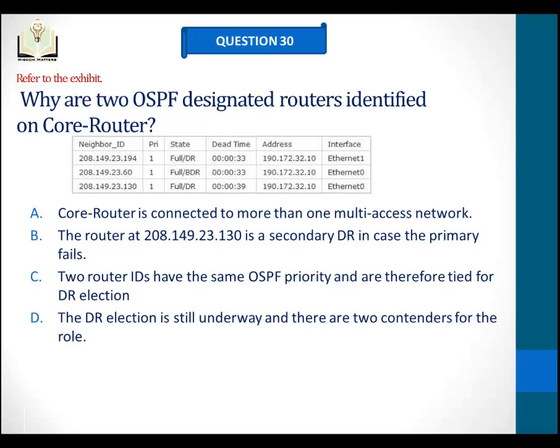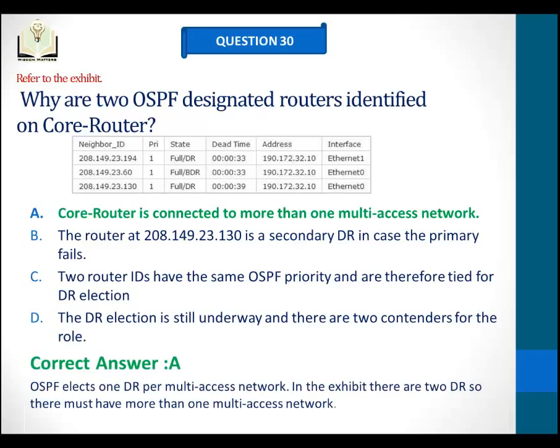C. Two router IDs have the same OSPF priority and are therefore tied for DR election. D. The DR election is still underway and there are two contenders for the role. And the answer is: the core router is connected to more than one multi-access network. Very simple one.